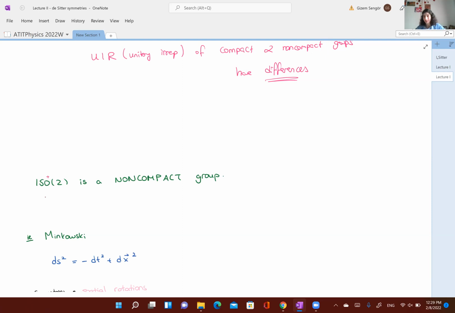But we spent almost an hour just finding the group elements of our two-dimensional Euclidean space. Okay, we used this example to give you all the basic definitions, basic introductions, but it takes a little bit of time.